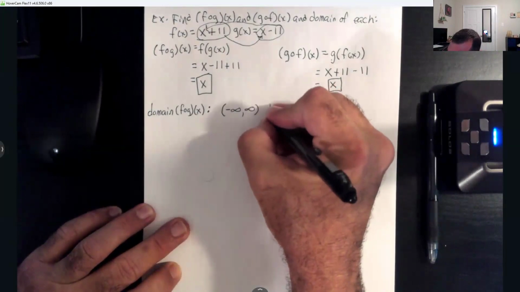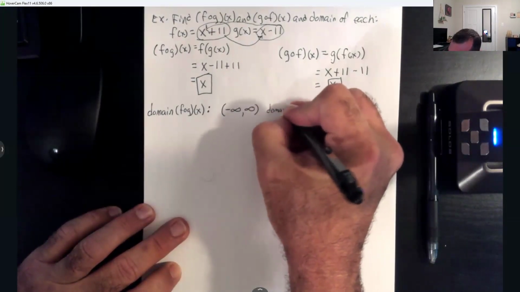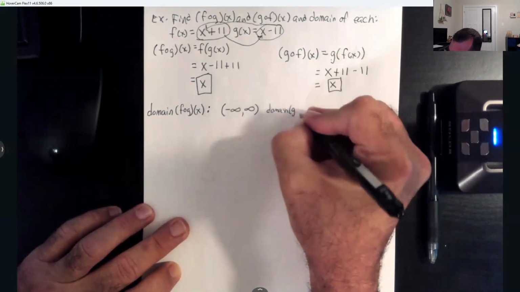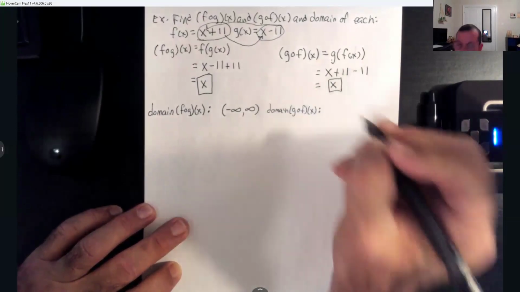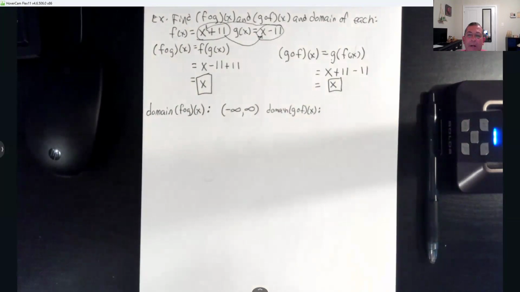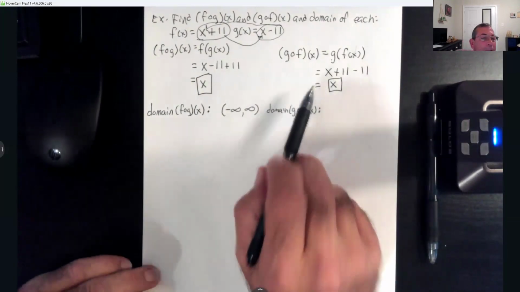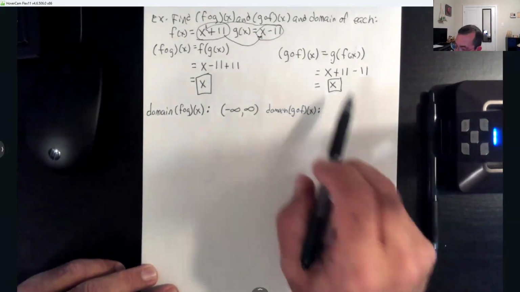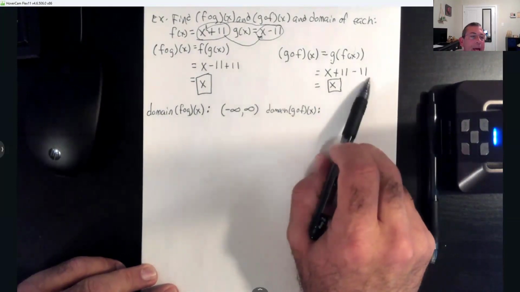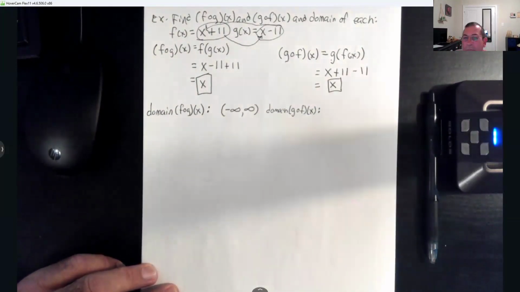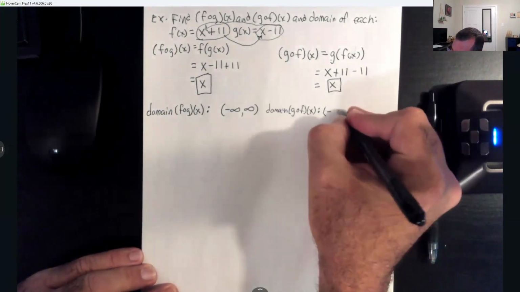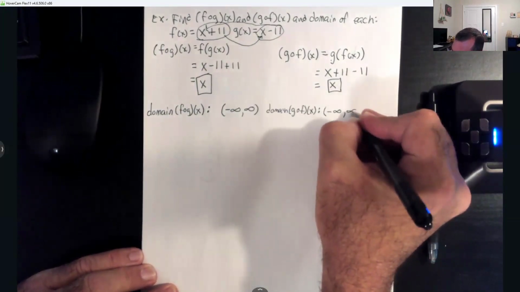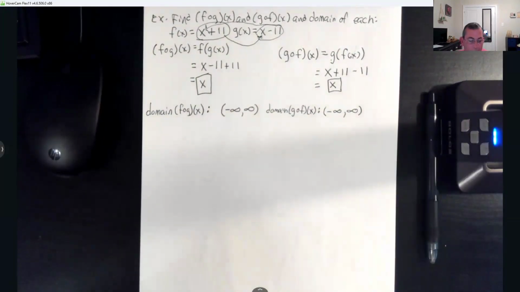All right, y'all, what about our domain for g compose f of x? Here's g. Jackson, same thing, good job. x plus 11 minus 11, there are no fractions again. So that's going to give us negative infinity to positive infinity.